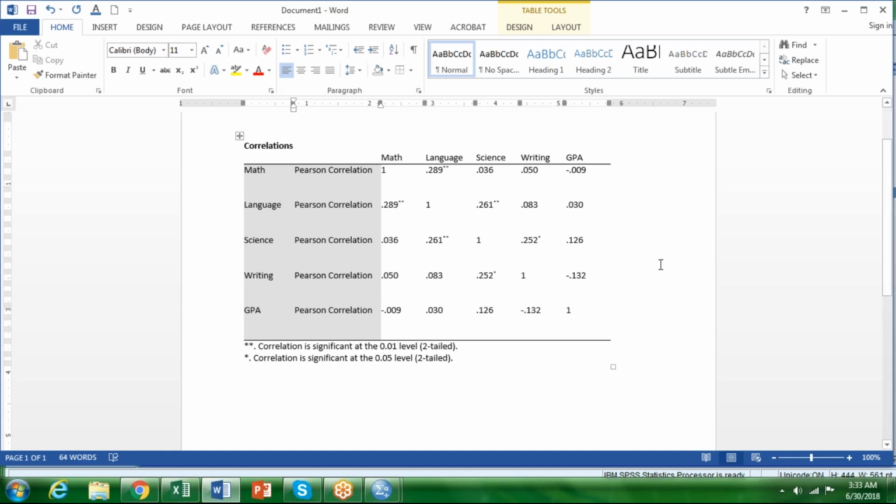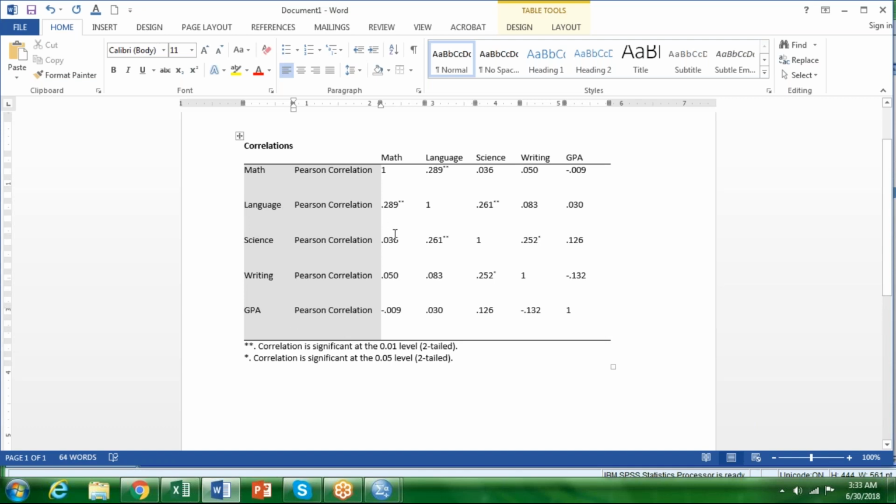So that gives you the information you need. Math is highly correlated with math, and then it gives you your correlation table with your bivariate correlation coefficients here. Bivariate simply means there are two variables, so math and language have a correlation. Here's the variable.